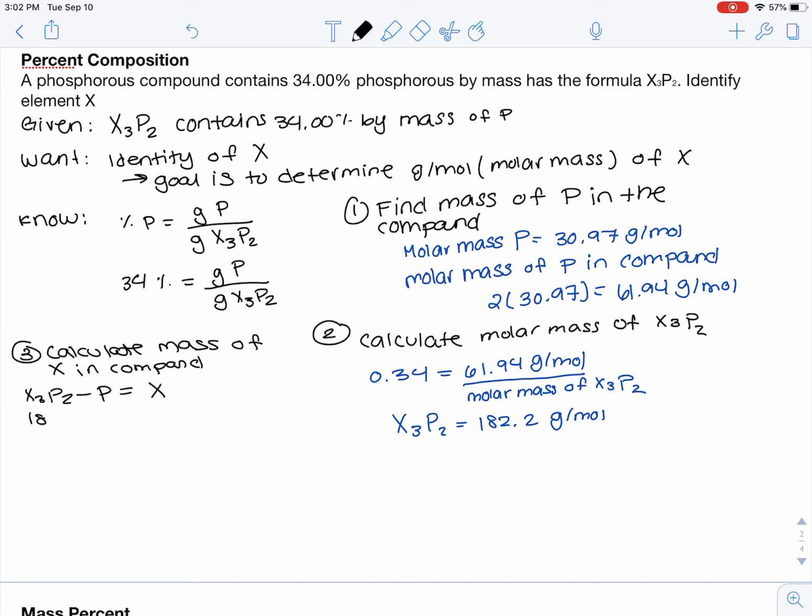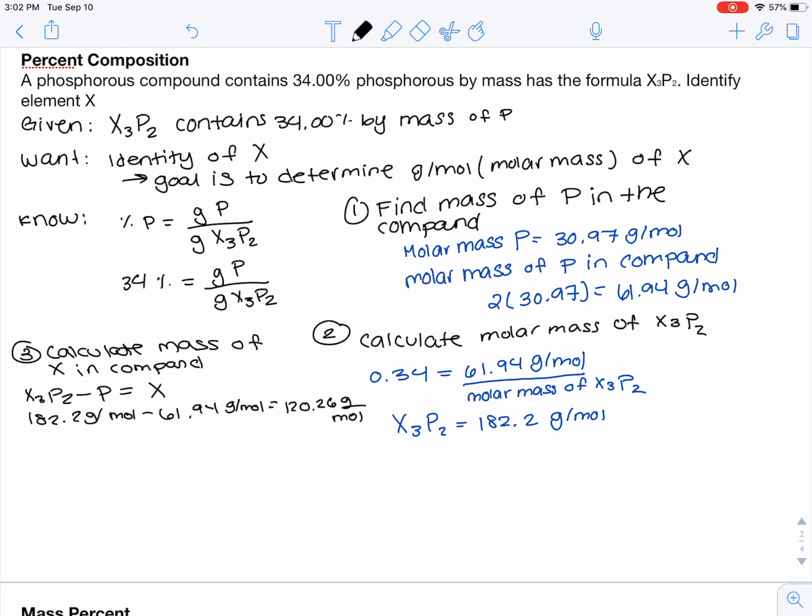So 182.2 grams per mole minus 61.94 grams per mole gives 120.26. So now look at the periodic table and determine what X is.